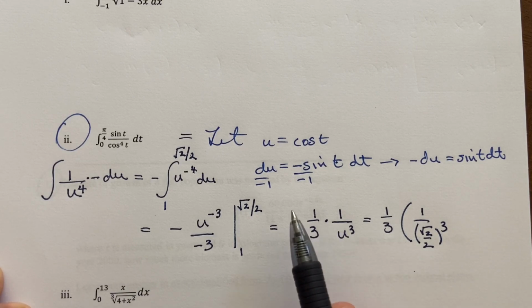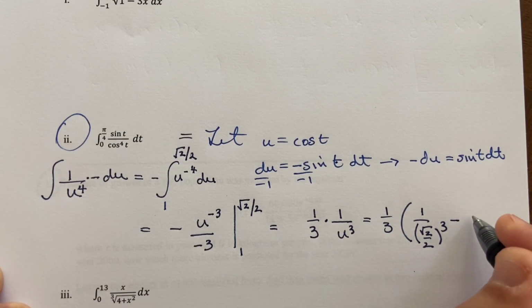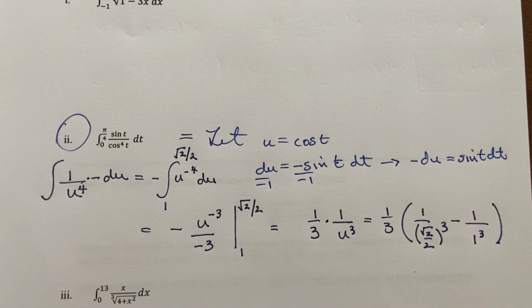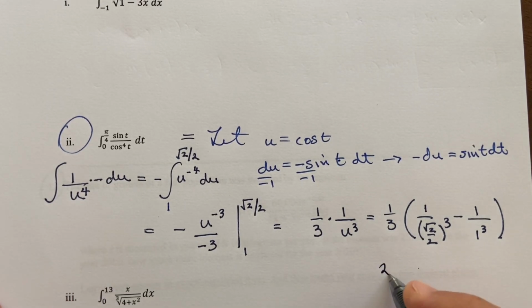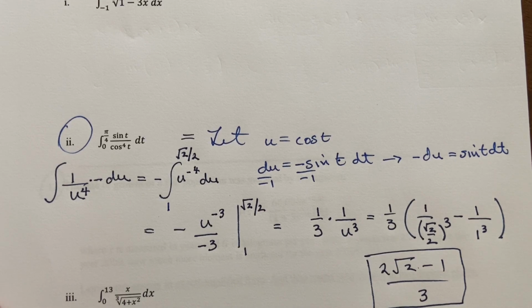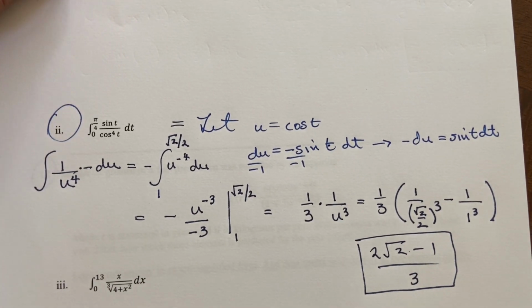So now just plugging in these limits. And ultimately, you can simplify that down to 2 root 2 minus 1 over 3. You can check me on that, but okay, let's move on.